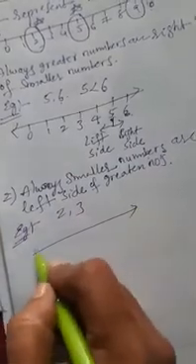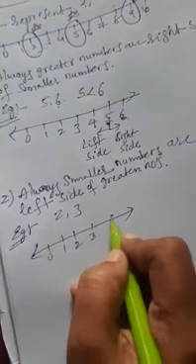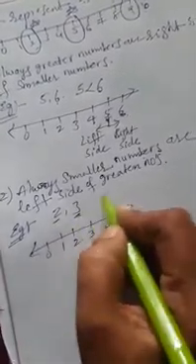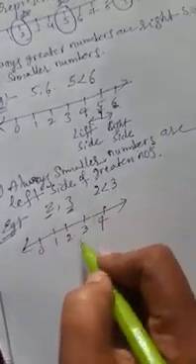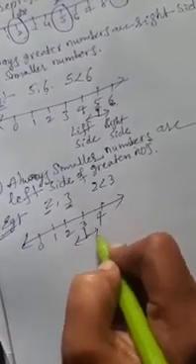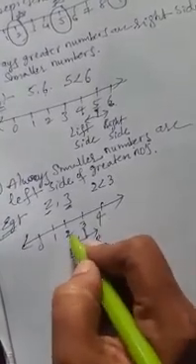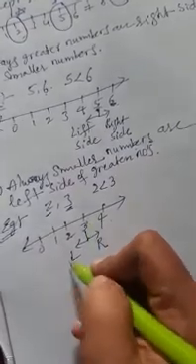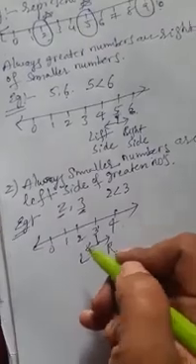Take the number line 0, 1, 2, 3, 4. 2 is smaller when compared to 3. For 3, this is the left side, this is the right side. See, a smaller number is always on the left side of the greater number. These are the two important points you need to remember.